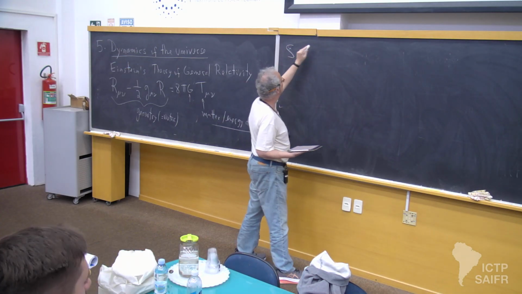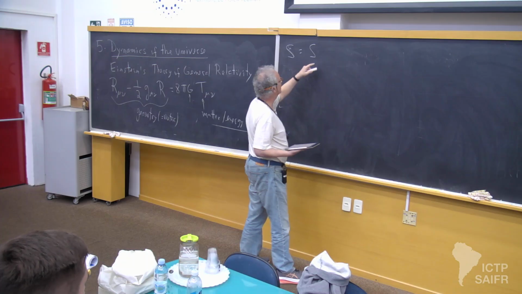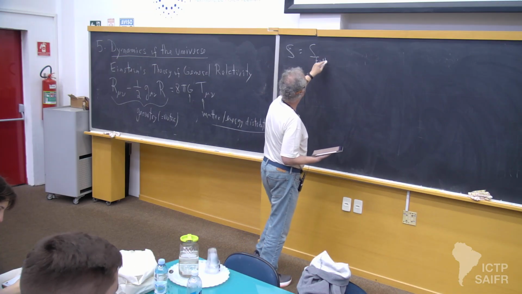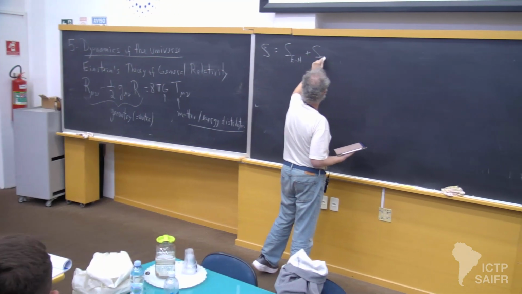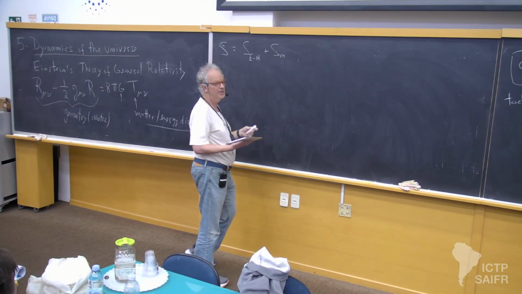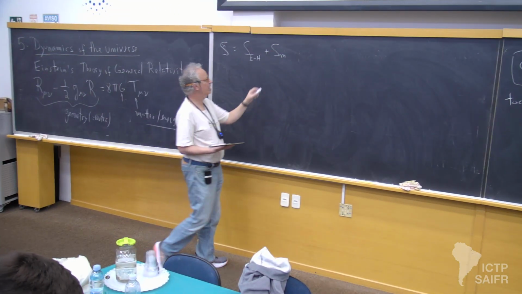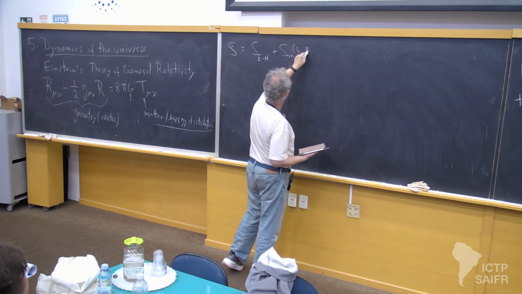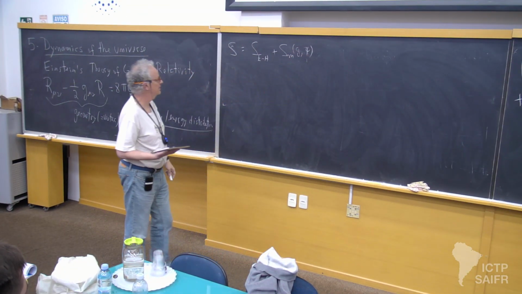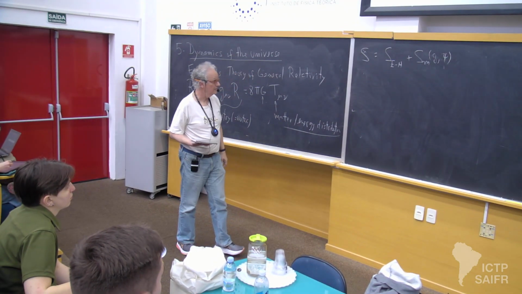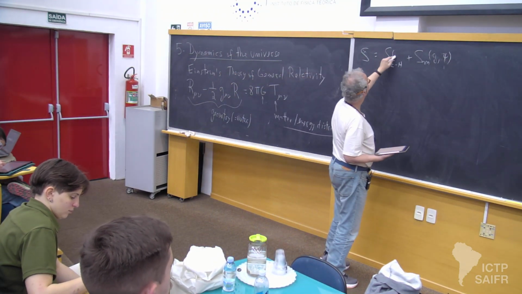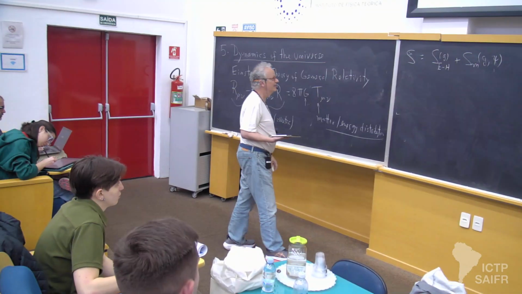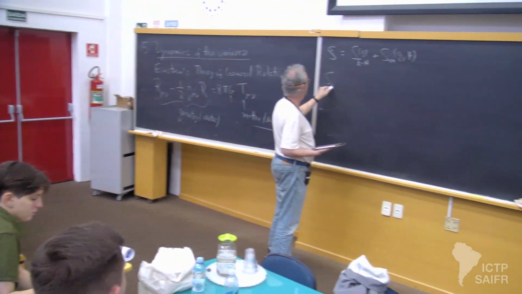The action is S. There's some action that gives you the left-hand side, which is called the Einstein-Hilbert action, and then some action that describes the right-hand side, which is what we call matter, which also depends on the metric and on the fields in the matter content of the universe. This very complicated equation comes from a very simple Einstein-Hilbert action.